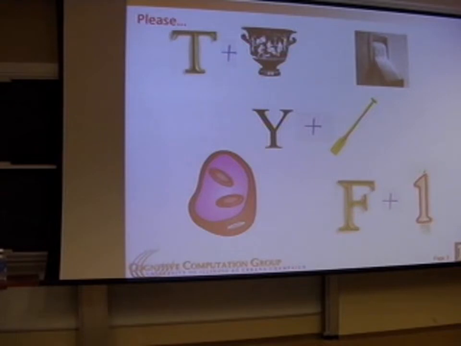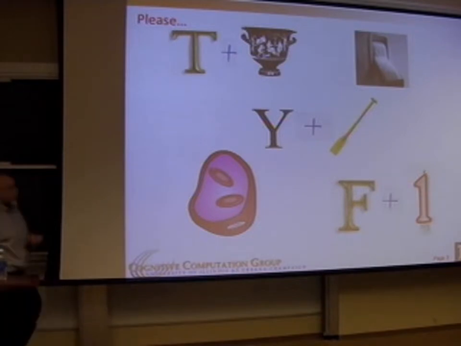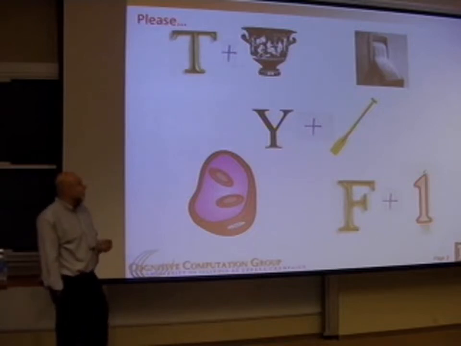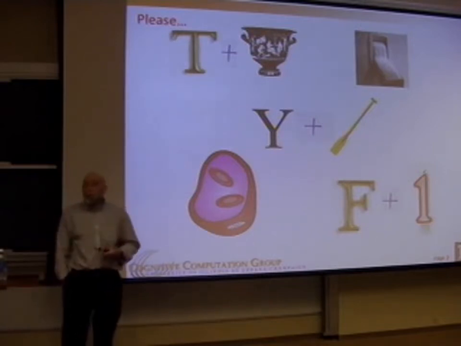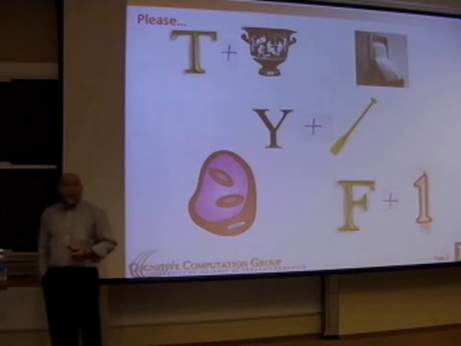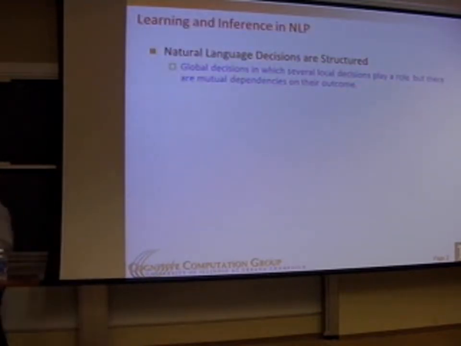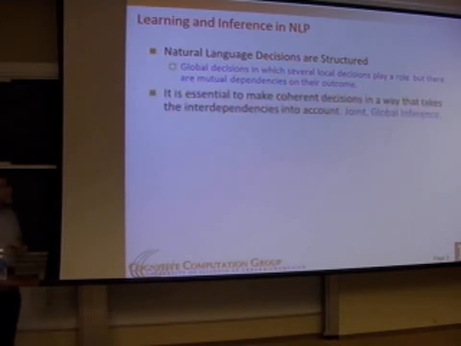is mostly because this is one way I think about natural language understanding. It's a lot about interpreting multiple components, solving a lot of component problems, and then trying to put them together, in the context of me putting this on one slide or me asking you a question that makes sense, so you know that they have to be related somehow. Natural language understanding really is about making global decisions where several local decisions play a role, but there are mutual dependencies between them.